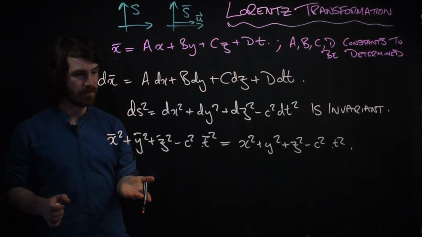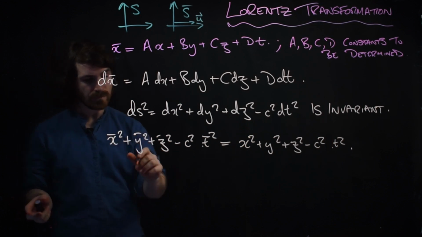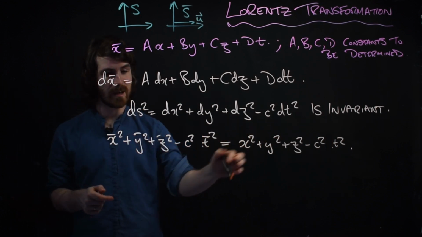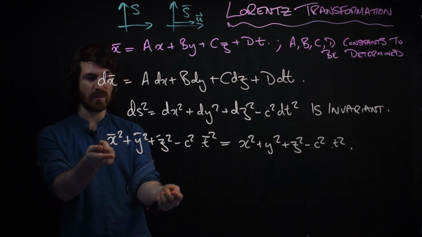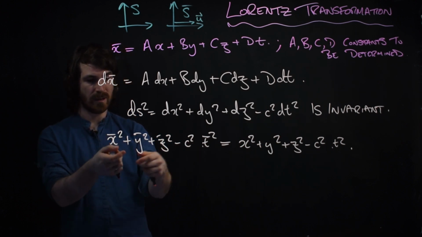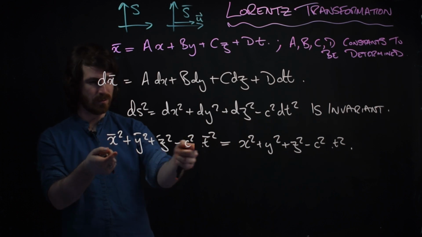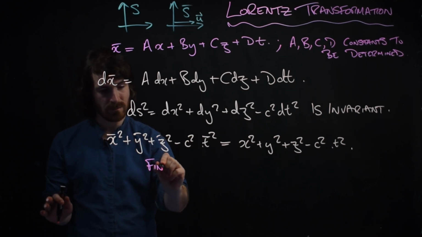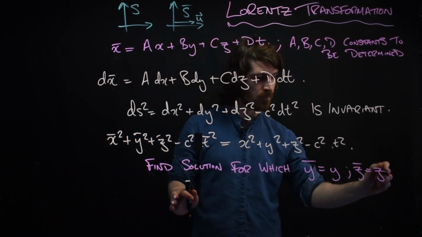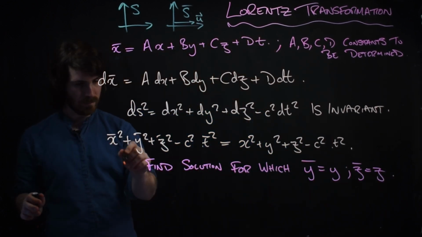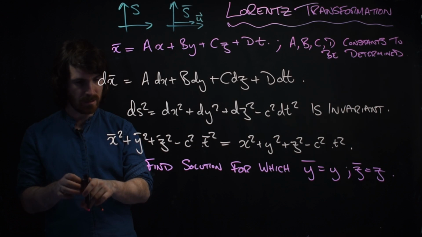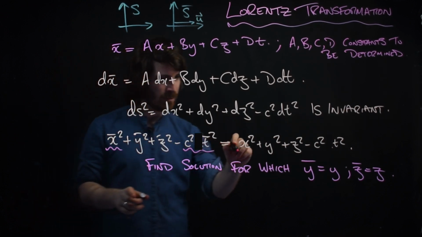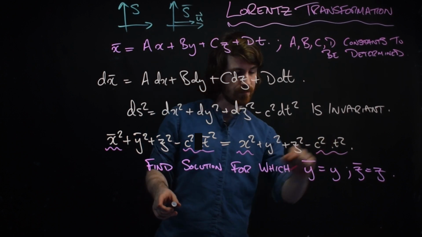Okay, and let's try and find a solution in which y bar equals y and z bar equals z, to just confine ourselves to one spatial dimension and one time coordinate. So in this case we're only interested in x bar and c t bar, and x and c t.